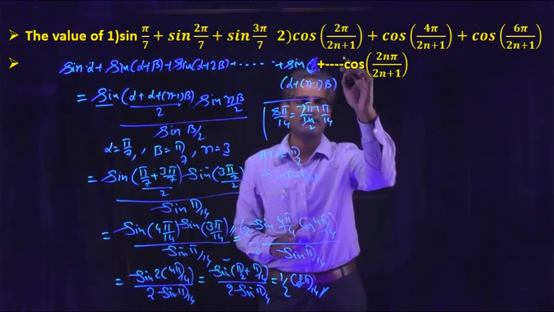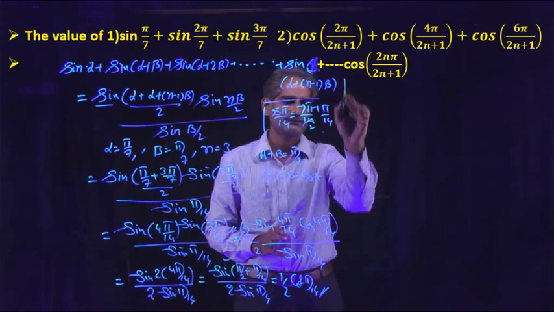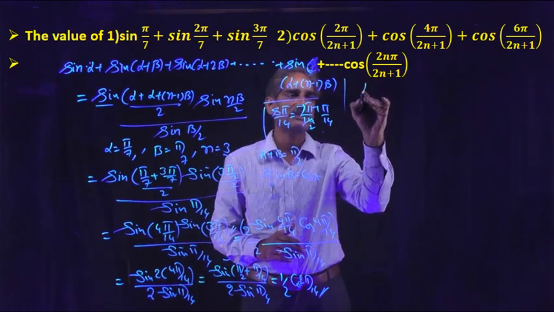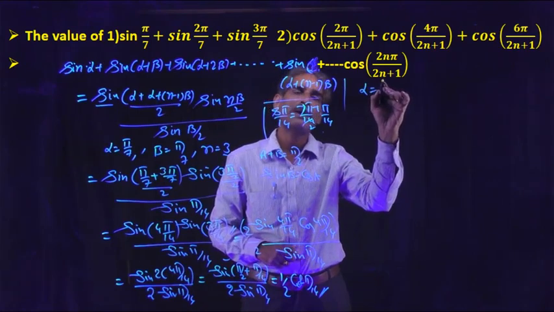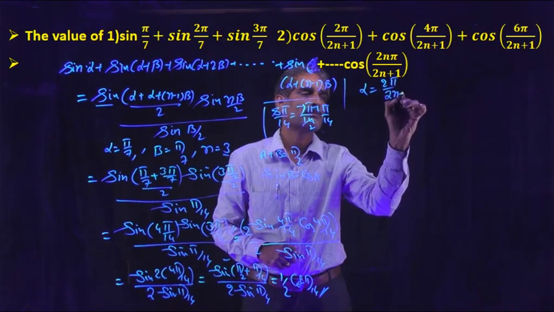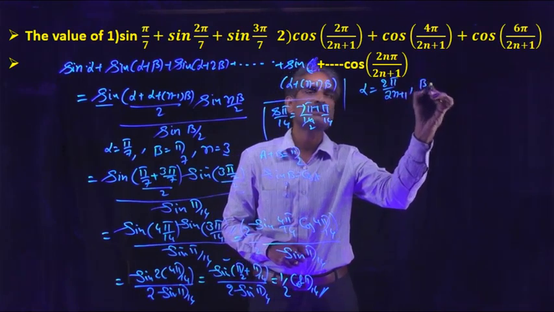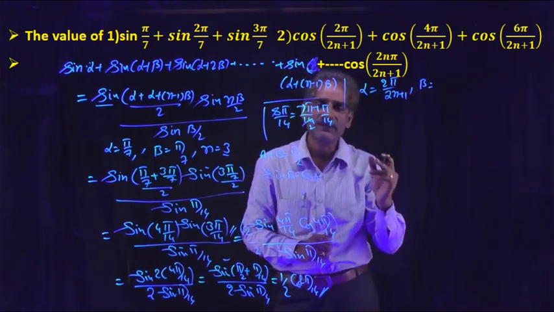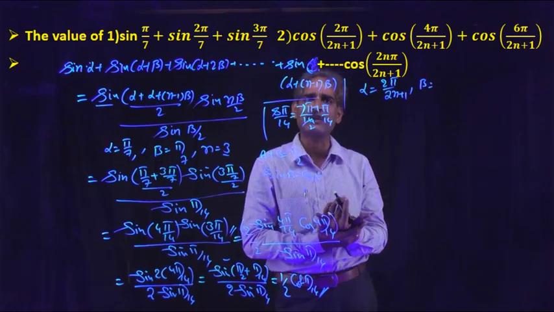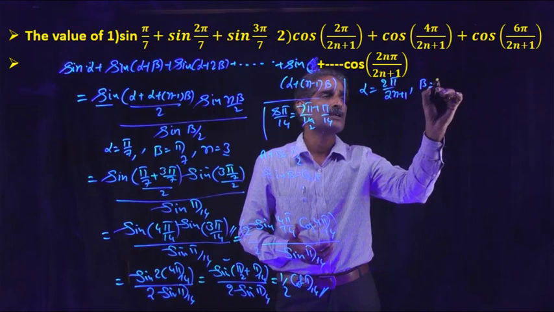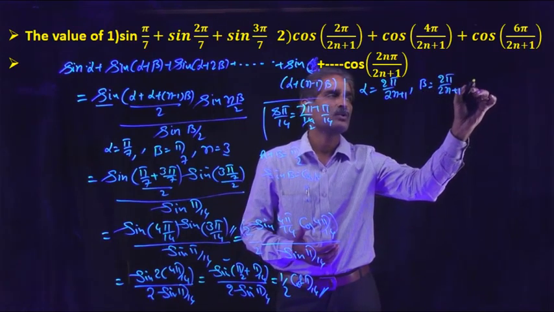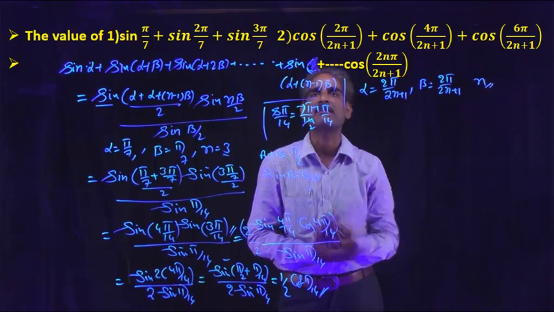So here the first angle, that means alpha, is equal to 2 pi by 2n plus 1. Beta, that means common difference, 4 pi by 2n plus 1 minus 2 pi by 2n plus 1. The denominator is the same, 4 pi minus 2 pi is 2 pi in the numerator. So beta is 2 pi by 2n plus 1. The number of terms is n.